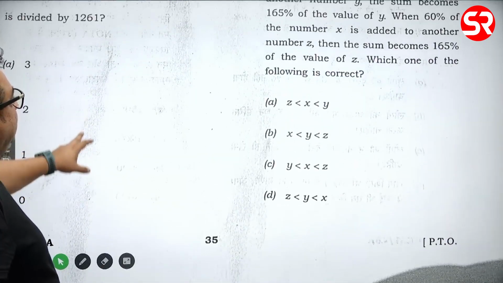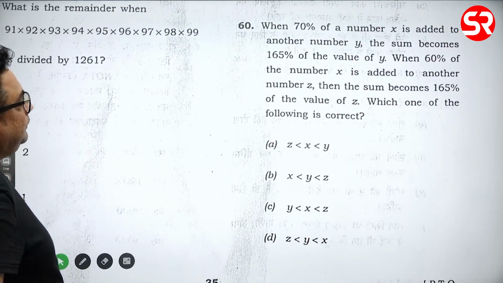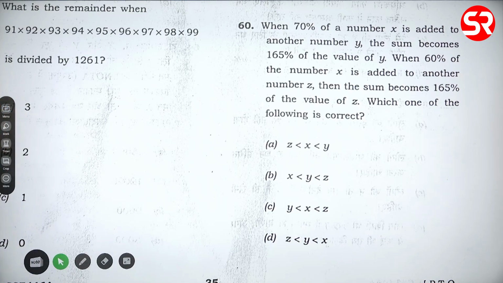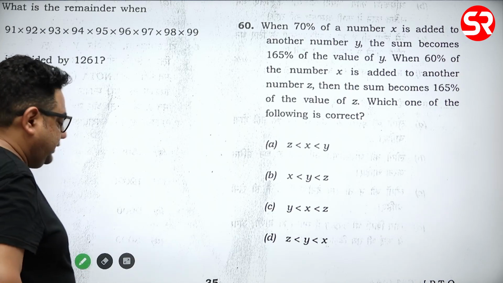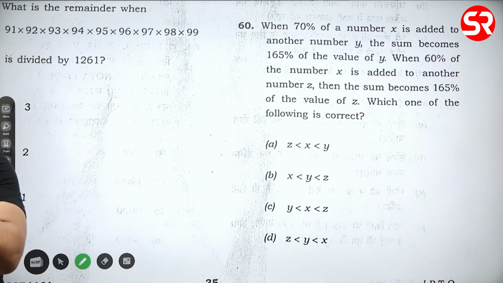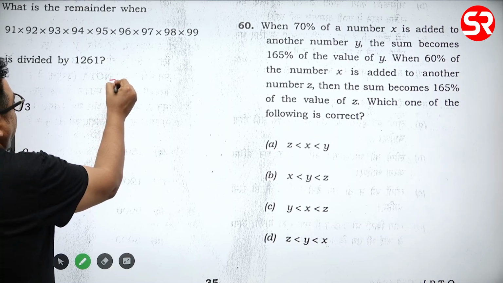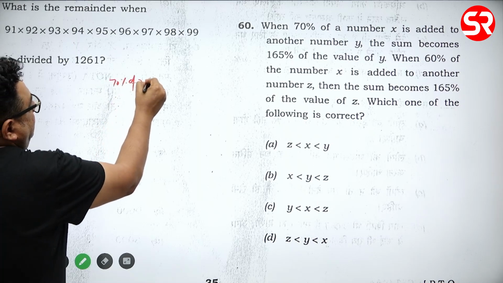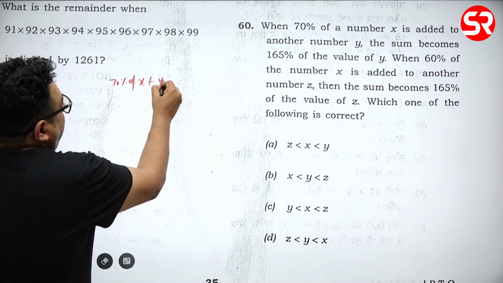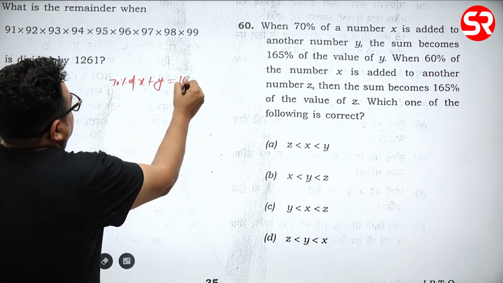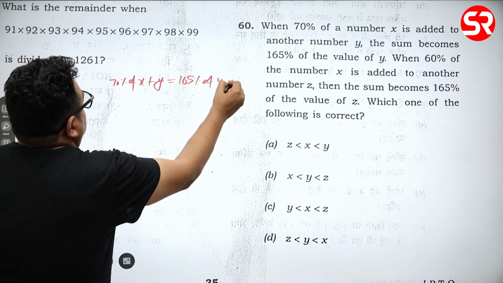Passage. Here comes one more, 60. 70% of x is added to another number y. Come on, percentages everywhere. The sum becomes 165% of y, right?